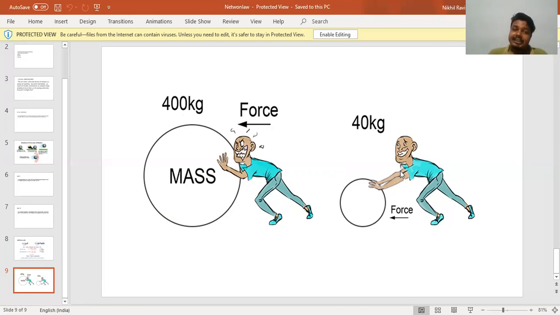In the first picture it is difficult because the force needed is more, as the object's mass is large. This picture is a perfect explanation of Newton's second law.